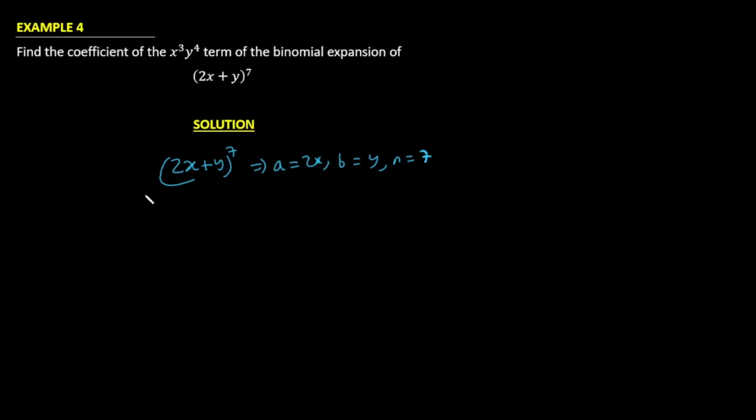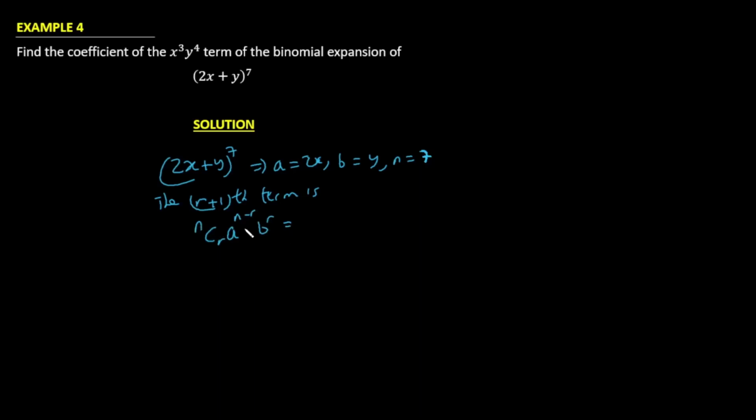Then from this question, we need to get the term. The r plus 1 term is n combination r, a to the power of n minus r, b to the power of r.